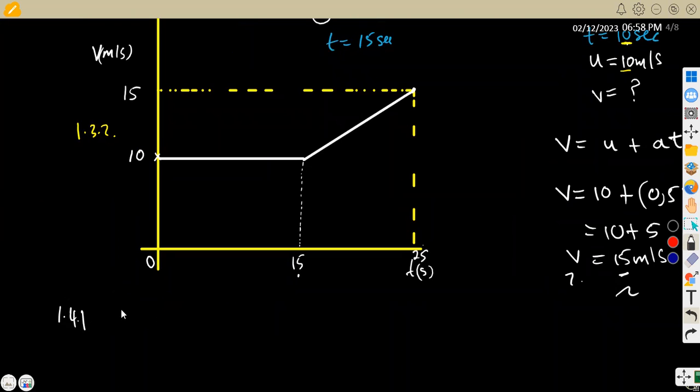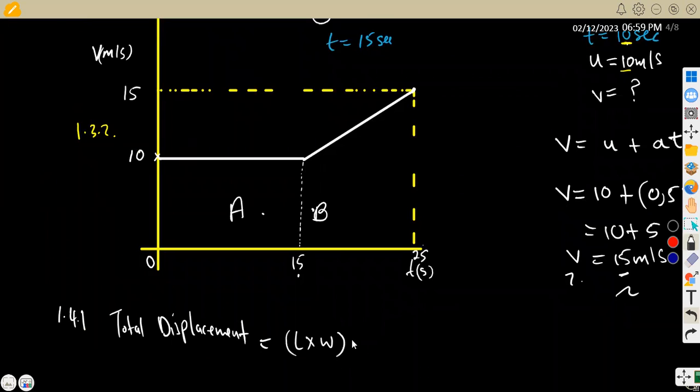So we can have total displacement. That's total displacement in this case, which is equivalent to the total area. So we can say we've got shape A and shape B. So shape A is a rectangle. So we can work with a rectangle, which is length times width, okay? Plus, take note on B, you can work with the whole shape as it is as a trapezium.